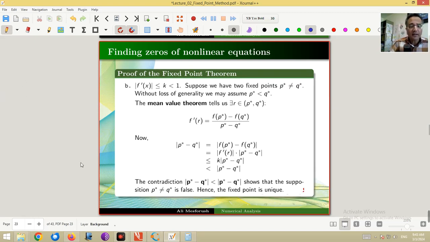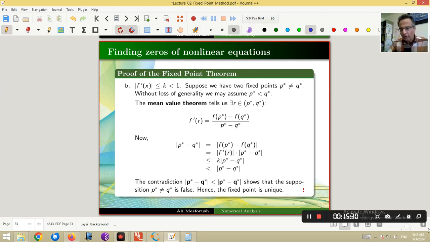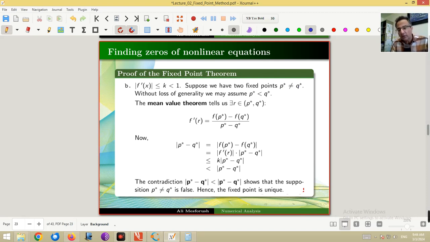And what about the next one? For the next part, let the absolute value of f prime of x be less or equal k, and it is less than 1. Okay? By using proof by contradiction, we suppose that we have two fixed points, for example p star and q star.